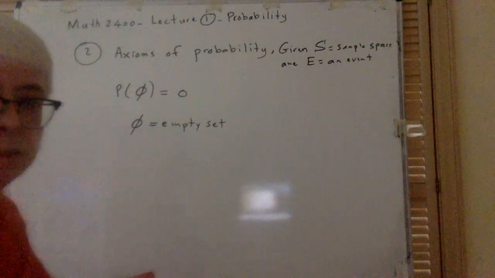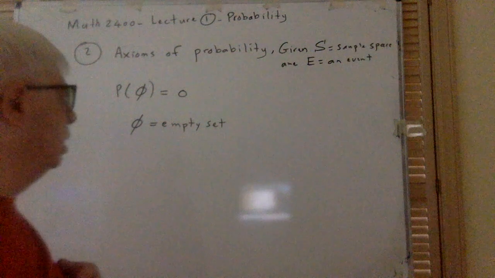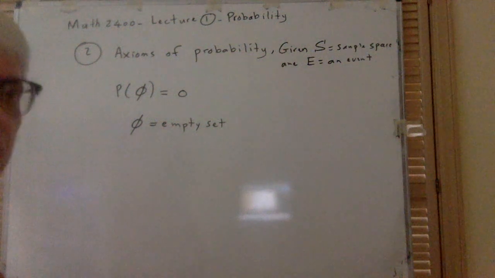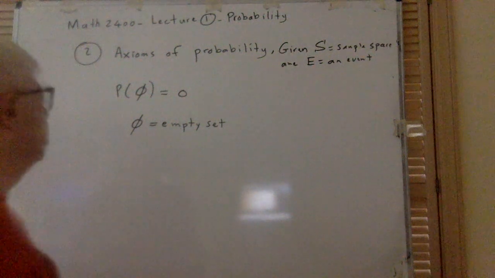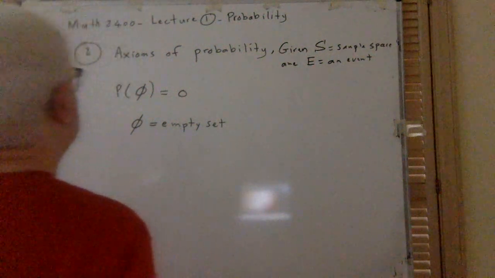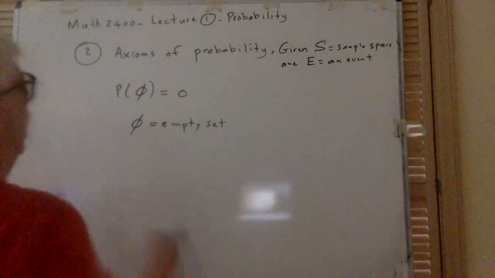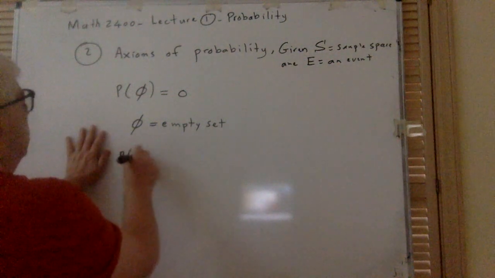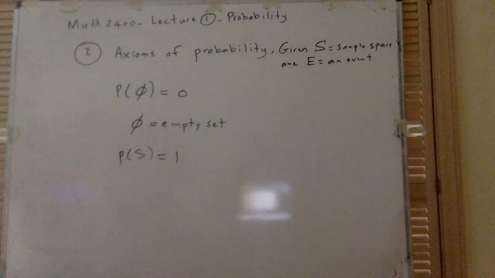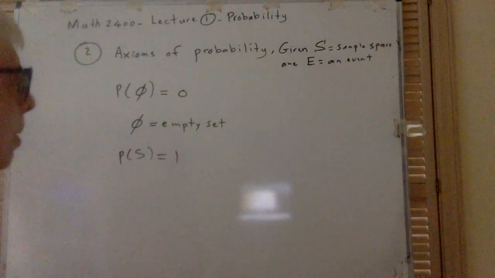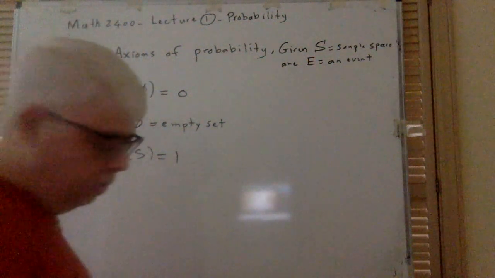We can say the empty set is like nothing happening. So the probability of nothing happening is 0 if something is going to happen. And the other one is P of S, which we assume is 1, and that's like anything can happen. So definitely something happens.